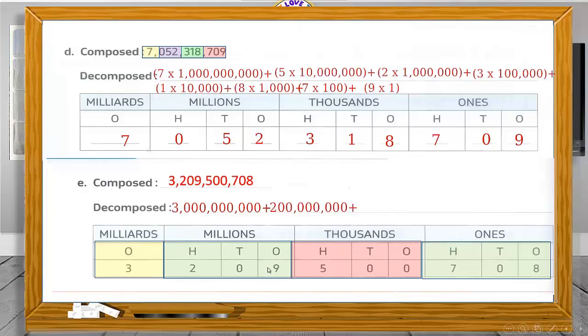Next, nothing. 9 million, write here 9 million. 500,000, nothing in 10,000, nothing in 1,000, so go to next period. 700, write 700. Tens place, nothing, and write 8 in the end.